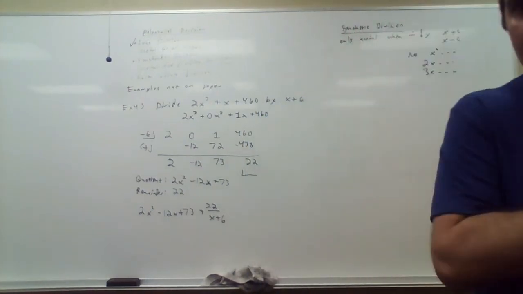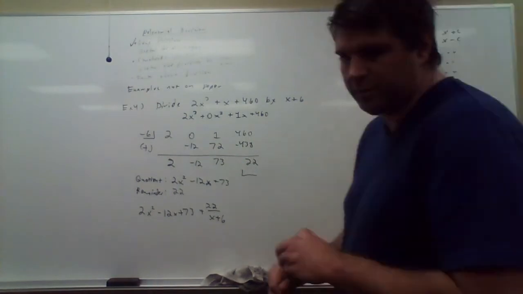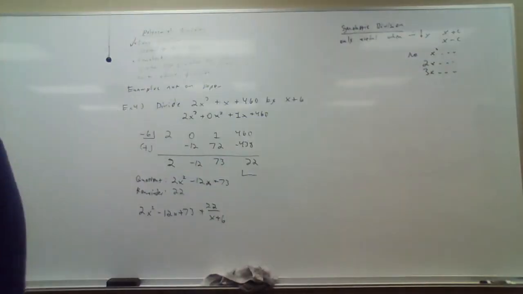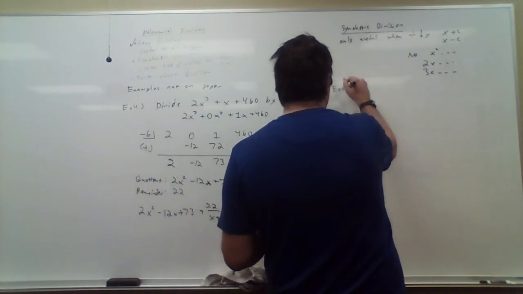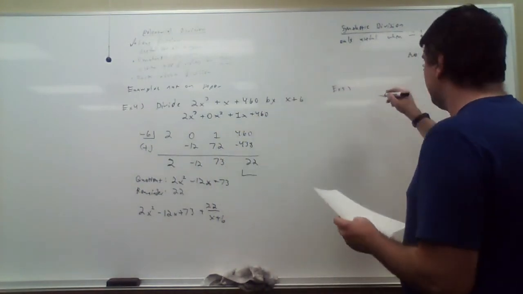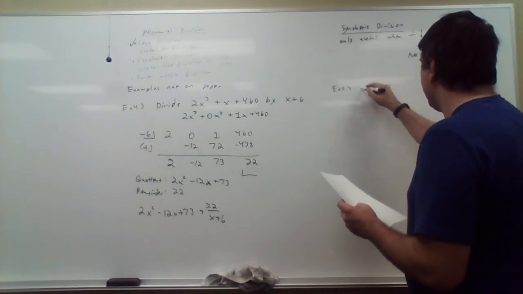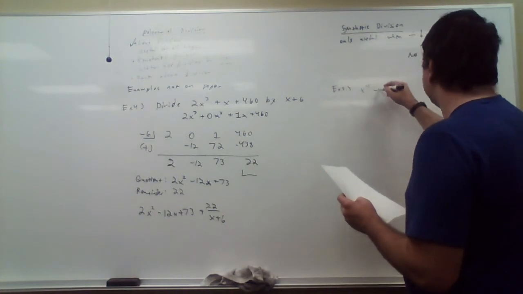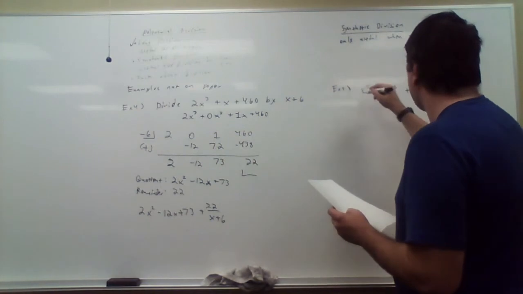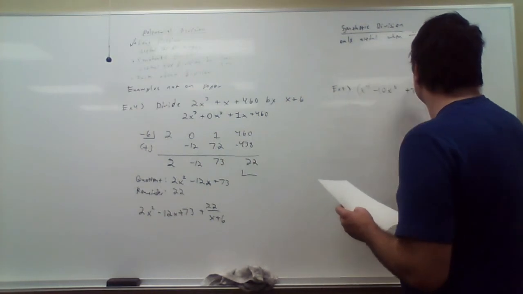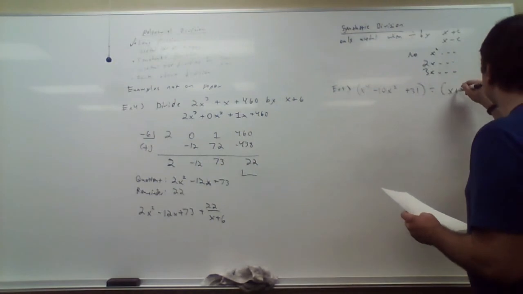Okay. So resuming, I'm going to put another example on the board. Example 5. Again, you don't have these on any handout that I've given you. x to the 4th minus 10x squared plus 31 divided by x plus 1.